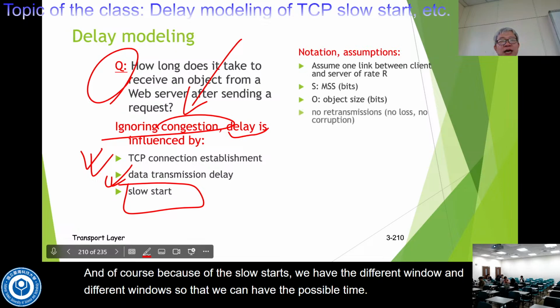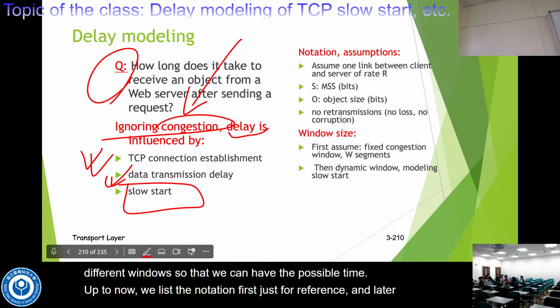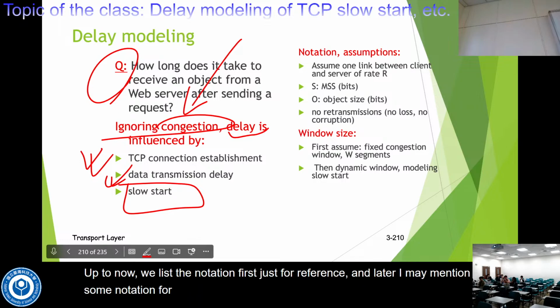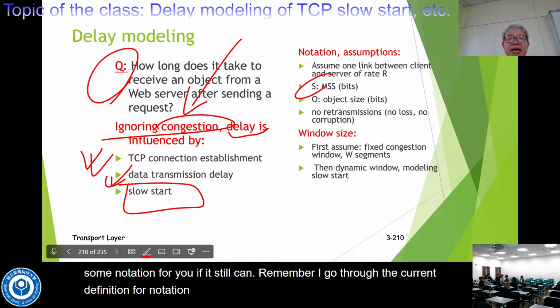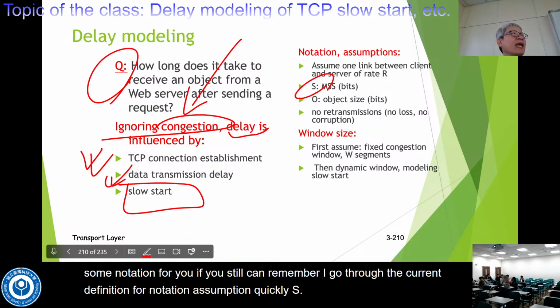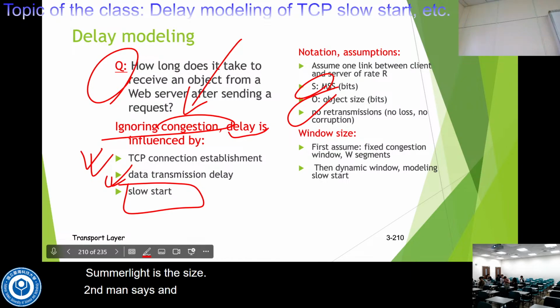Well, up to now, we list the notation first, just for reference, and later I may mention some notation for you. If you can still remember, I go through the current definitions for the notation and assumptions quickly.